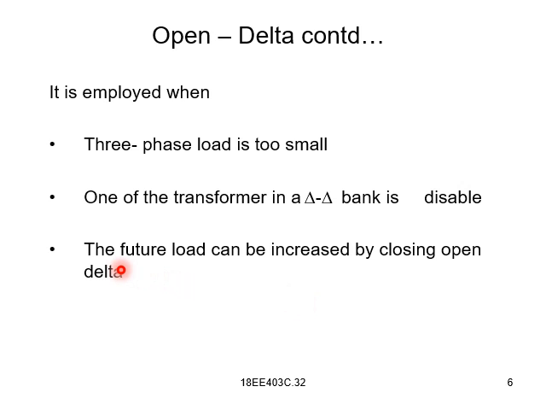And if in future the load increases and it has to meet a high demand where this open delta may not be sufficient, then it can be closed and supply the increased load. So it is employed when the future load can be increased by closing the open delta.